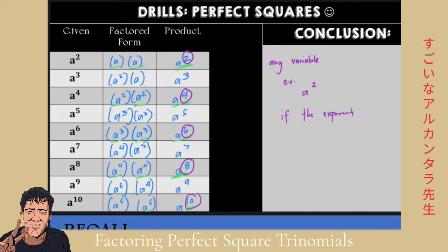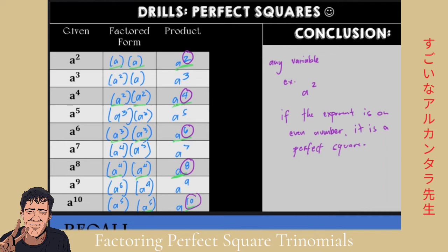These are all even numbers. If the exponent is an even number, it is a perfect square. You can factor it.